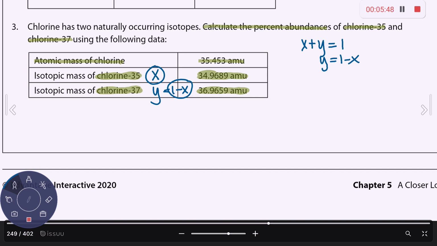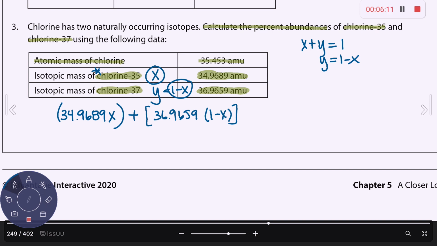I'm going to take the mass of chlorine-35, which is 34.9689, and multiply it by X, its percent abundance as a decimal. I'm going to add that to chlorine-37 times 1 minus X, its percent abundance as a decimal.